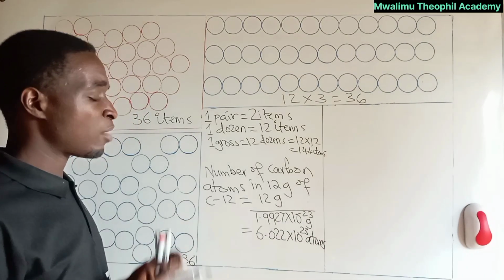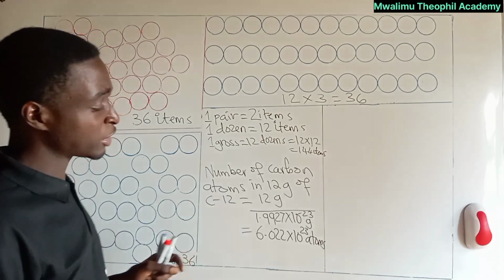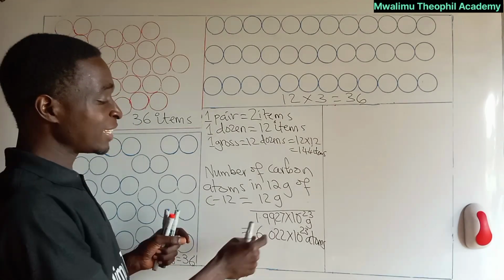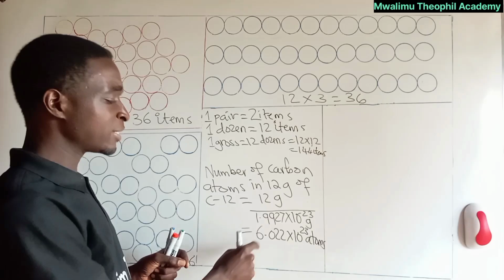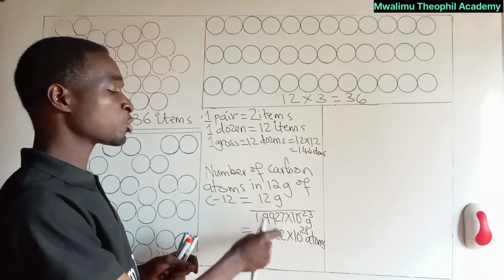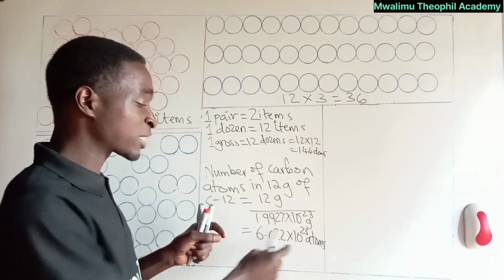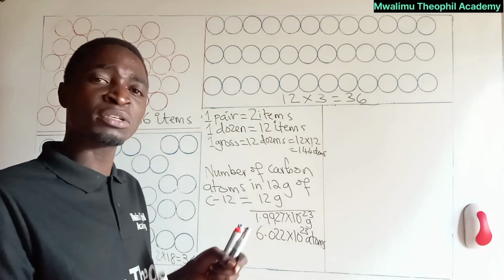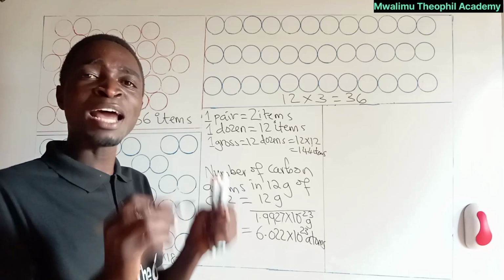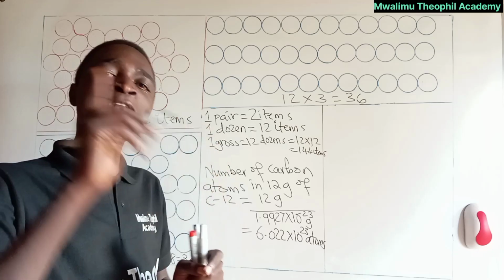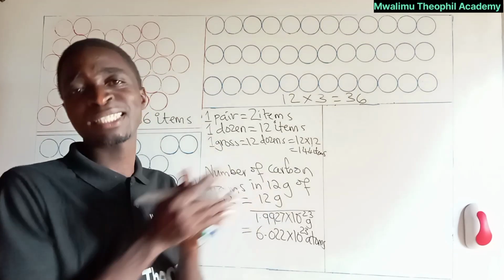So, the number of carbon atoms found in 12 grams of carbon is equal to 6.022 times 10 raised to 23. And chemists decided to take this as the standard unit for the number of particles present in 1 mole of any substance.